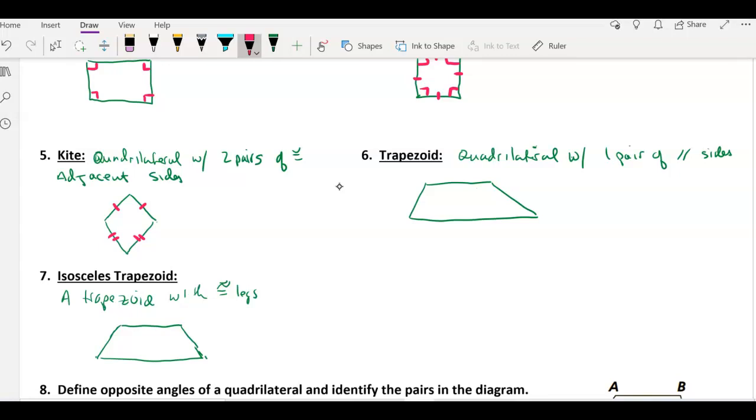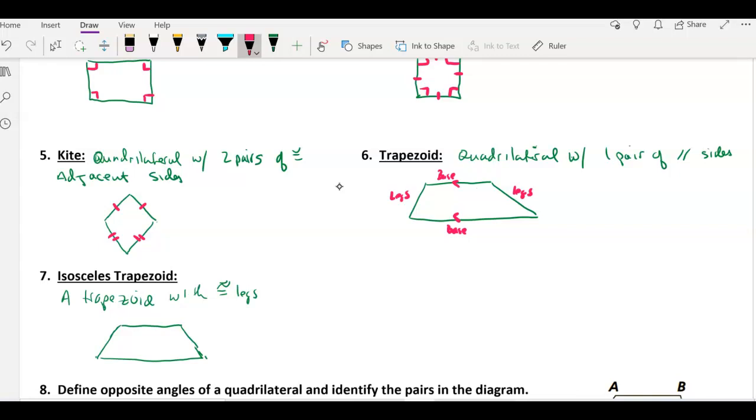Okay, a trapezoid is a quadrilateral with one pair of parallel sides. So right now we can say those sides are parallel. Now, one thing about this is these are the bases of the trapezoid, and these are what we call the legs.